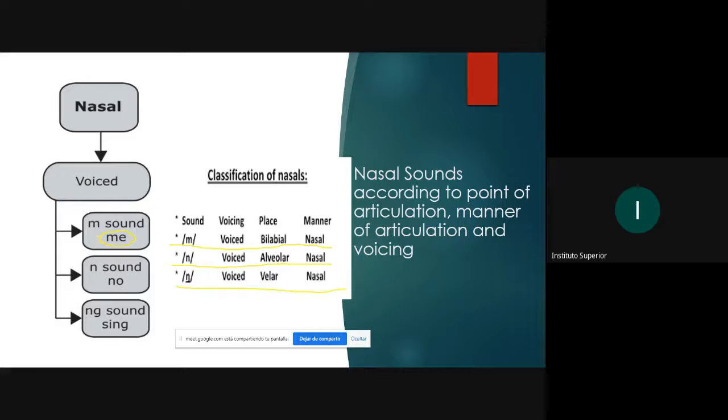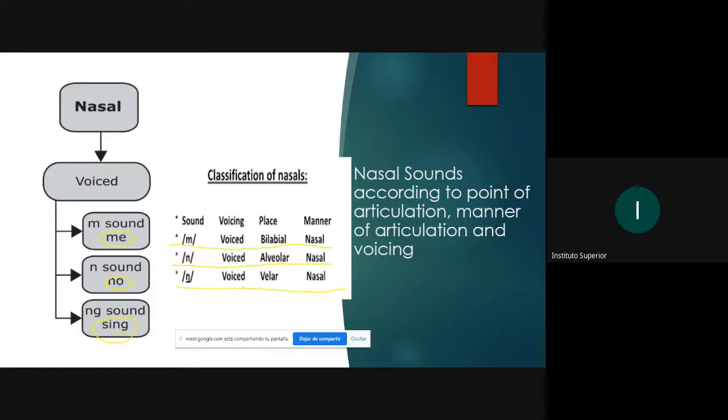Repeat again, please. Me. Okay, good. This one, another participant. Sing. Produce the ending again. Sing. Okay, very good. We have M, N, and eng.